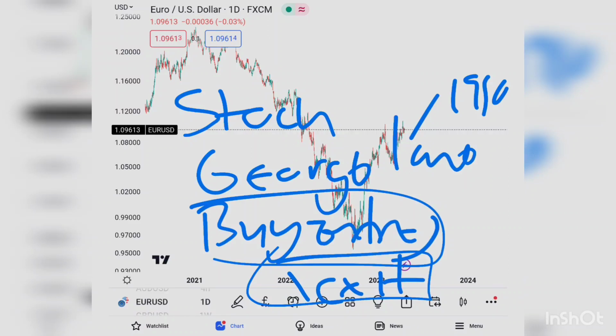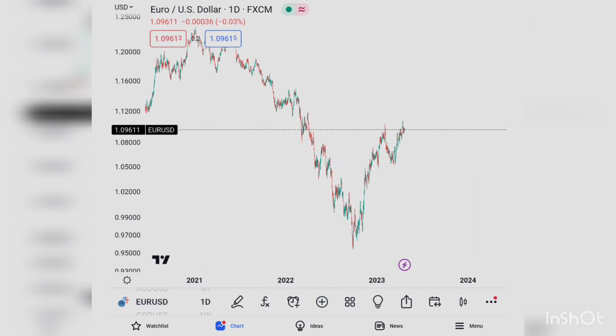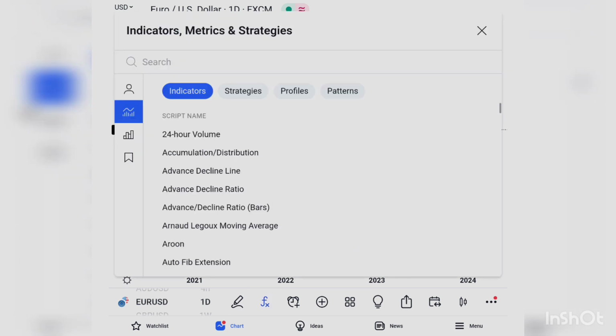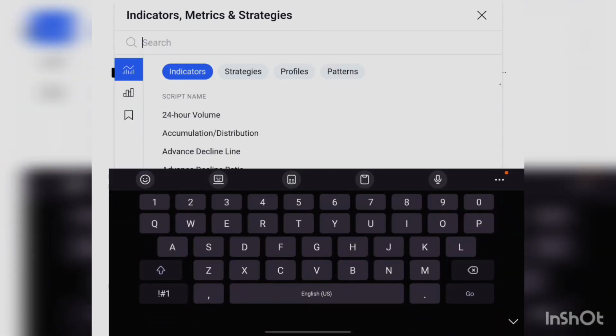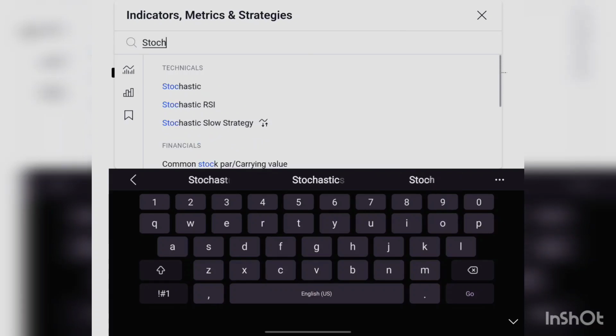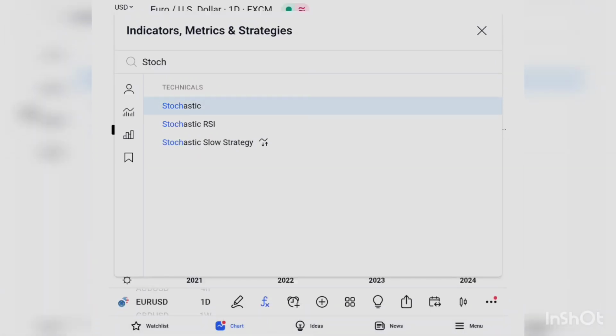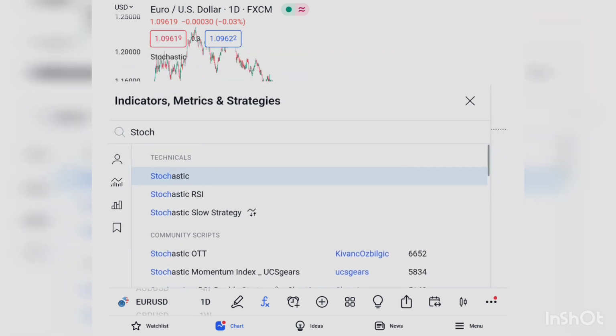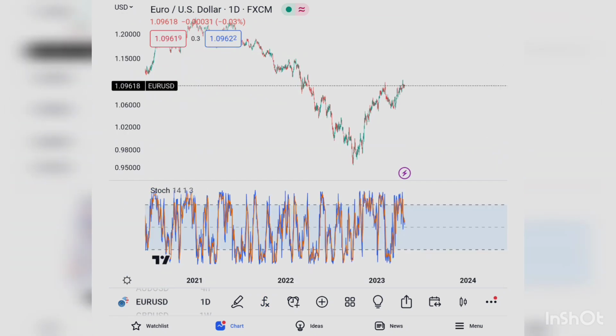Okay, so if you want to put your stochastic oscillator, you just have to go to indicators. Then if you go to indicators, make sure that you type stochastic. If you type stochastic, you see it here. Okay, so there are settings that you should put when it comes to this stochastic oscillator.